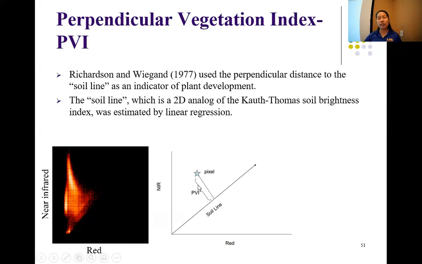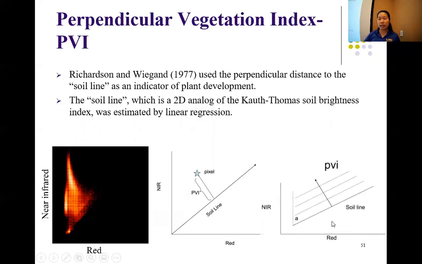The design of the perpendicular vegetation index basically measures this: we found that the further it goes up vertically in this direction, the more vegetation it typically has. According to this theory, we call it the perpendicular vegetation index.